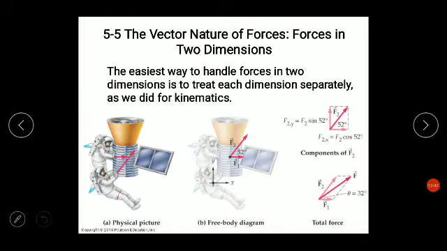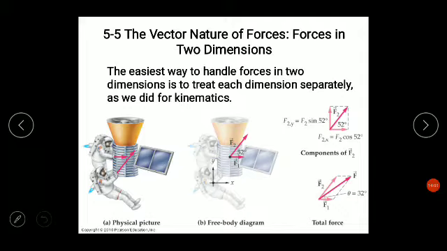Forces can be one-dimensional or two-dimensional. When we talk about one-dimensional forces, it can either be along x only or along y.